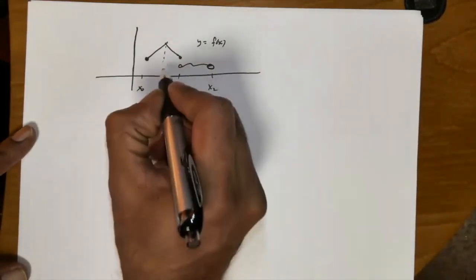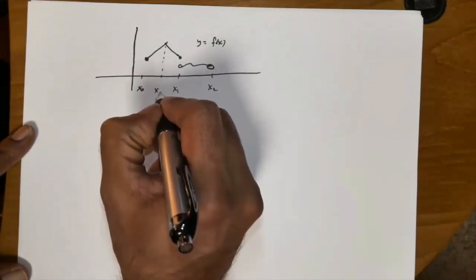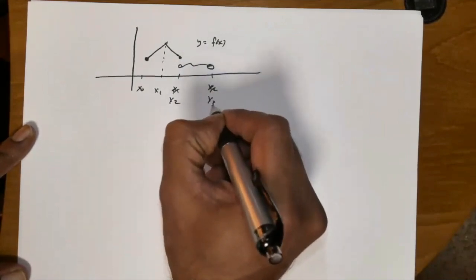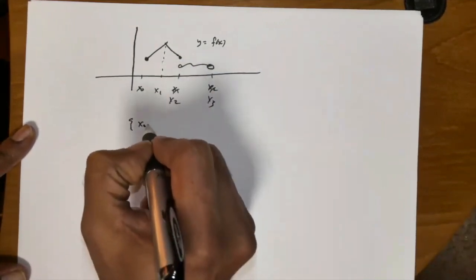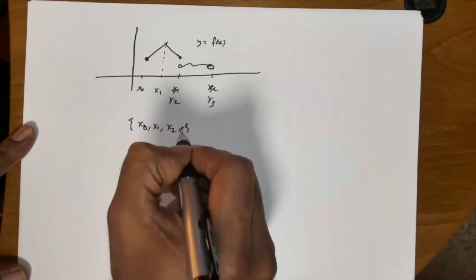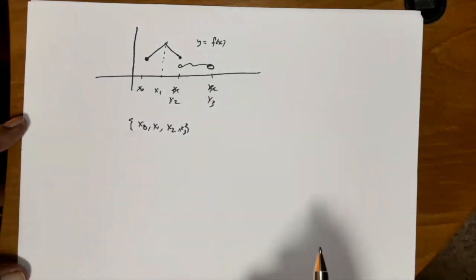And so here, I can make a list of points. I'm going to call this x1, this x2, and this x3. I can compile a list of points where either the original function or its derivative are not continuous.